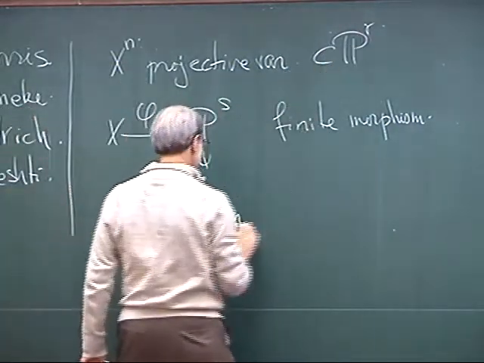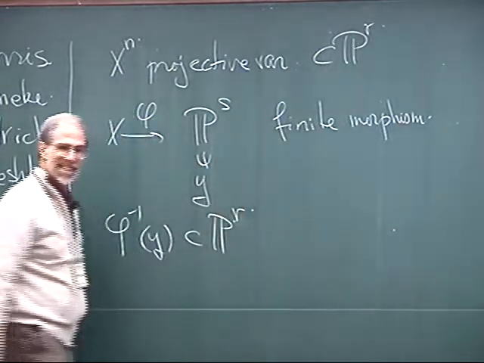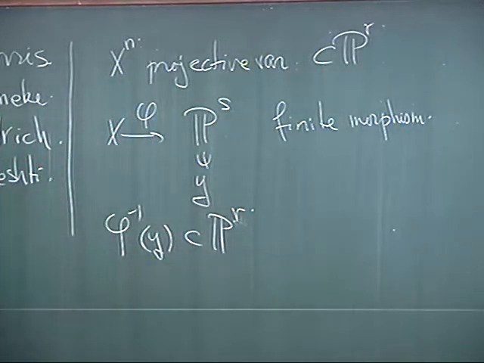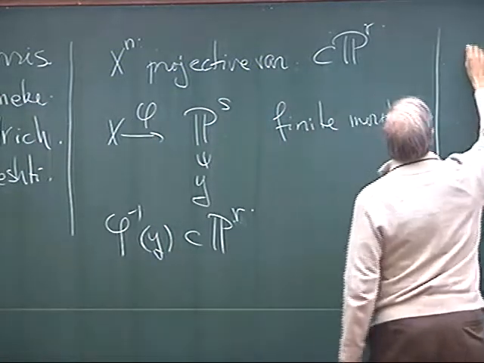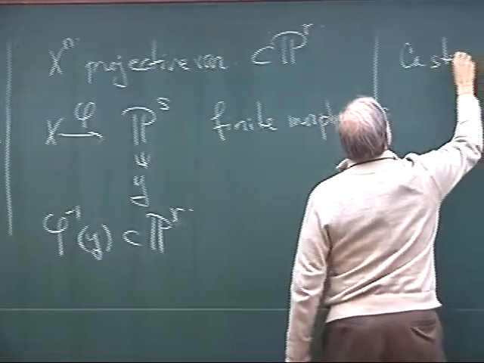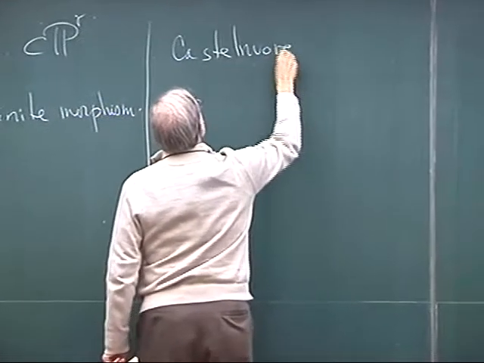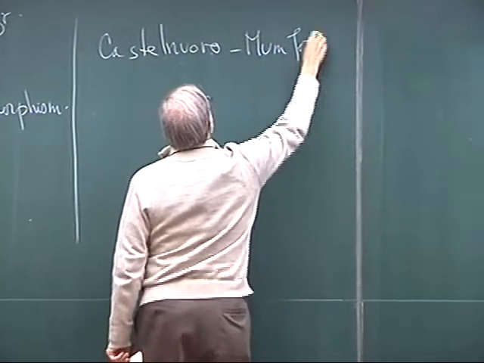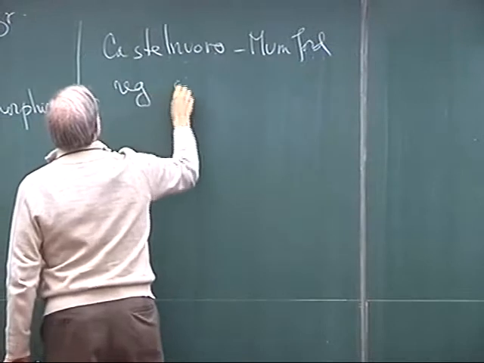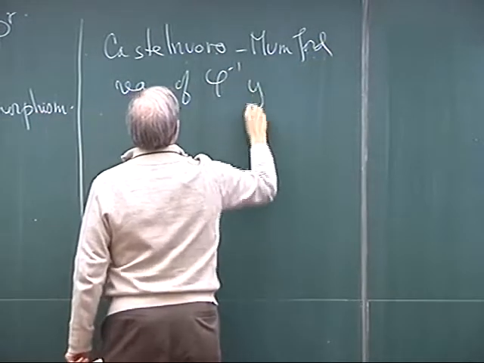It's R. Thank you. Everyone knows n is equal to R. So the general question that I'd like to ask is about the Castelnuovo-Mumford regularity of phi inverse of y.